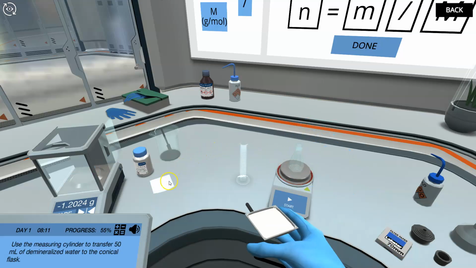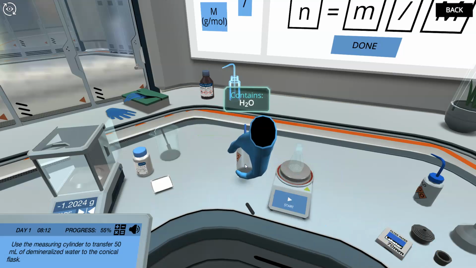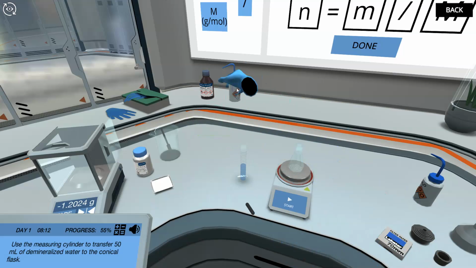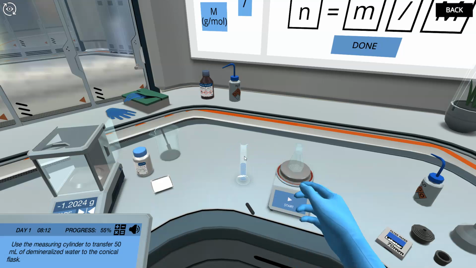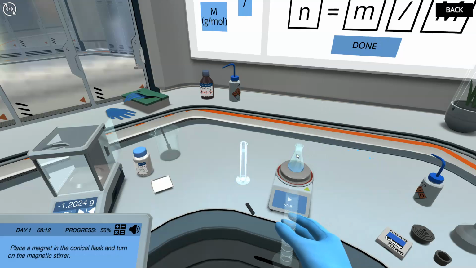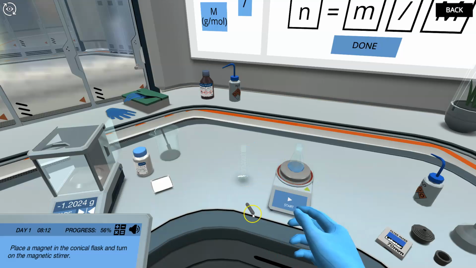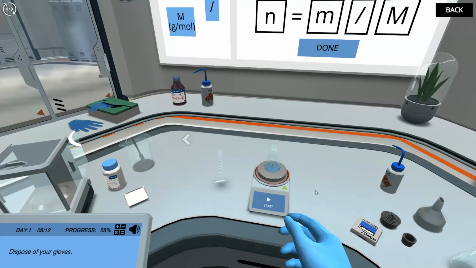Use the measuring cylinder to transfer 50 ml of demineralized water to the conical flask. Place a magnet in the conical flask and turn on the magnetic stirrer. Dispose of your gloves.